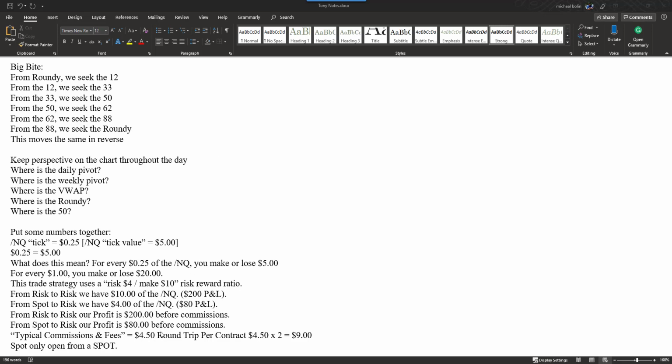I don't know which broker you're using. But let's suppose that a round trip per contract is $4.50. We're trading at least 2 at a time. So you're looking at $9 round trip per trade. If we're getting risk out of the trade, and that's $80, we can just ballpark this and say for every $80 we make, we're giving 10 away in commissions. For a risk out, stop out, we're making 70 after we pay the bills.